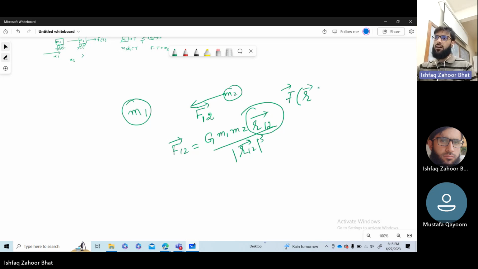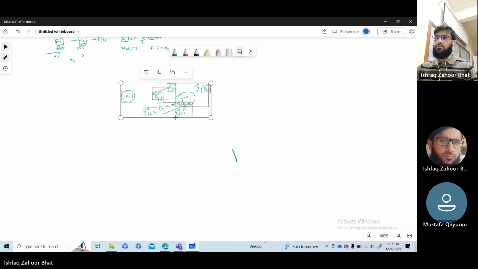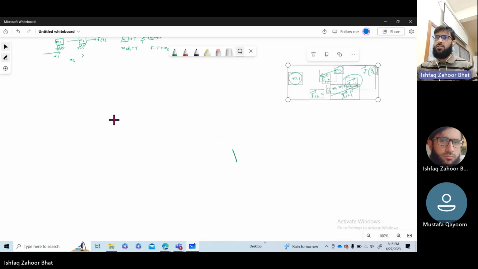Sometimes, for example, if there was a drag, we also saw one example where we used that drag. We saw one more problem in which we had a spherical ball moving with velocity v.